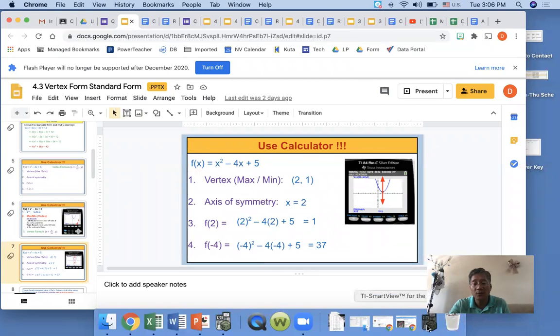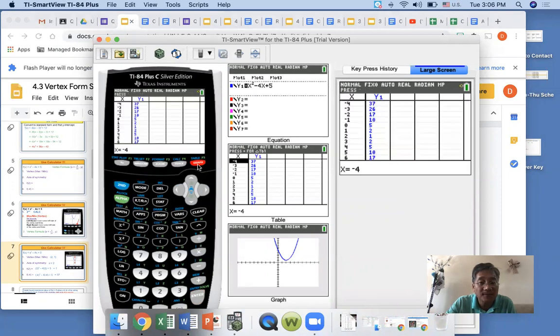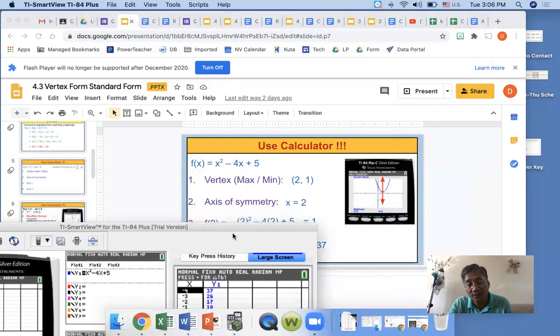But to check your answer is correct, you can go to the calculator and press second table. Now f of 2 means when x is 2, what is the y value? So when x is 2, what is the y value? 1, right? So f of 2 is equal to 1. Did you get 1? Yes, it's correct. Here, do you see 1?